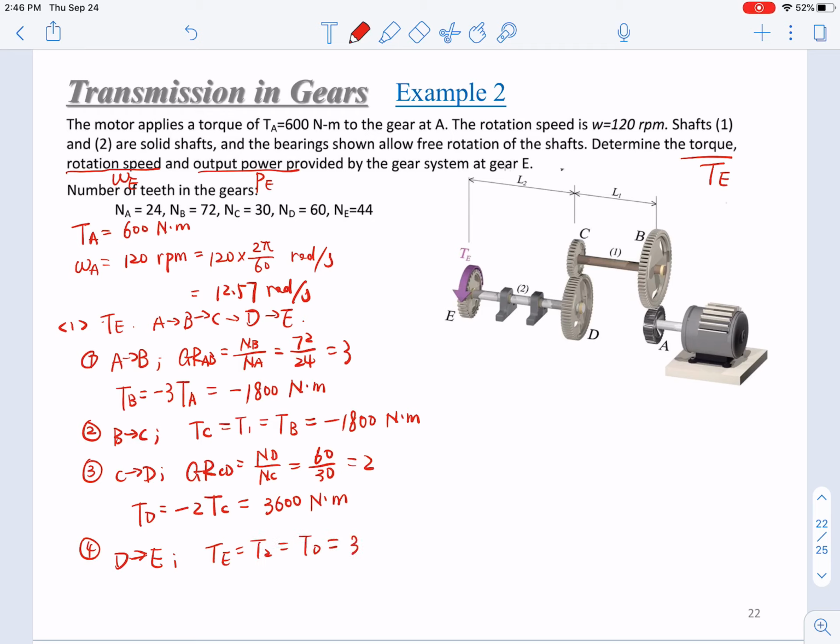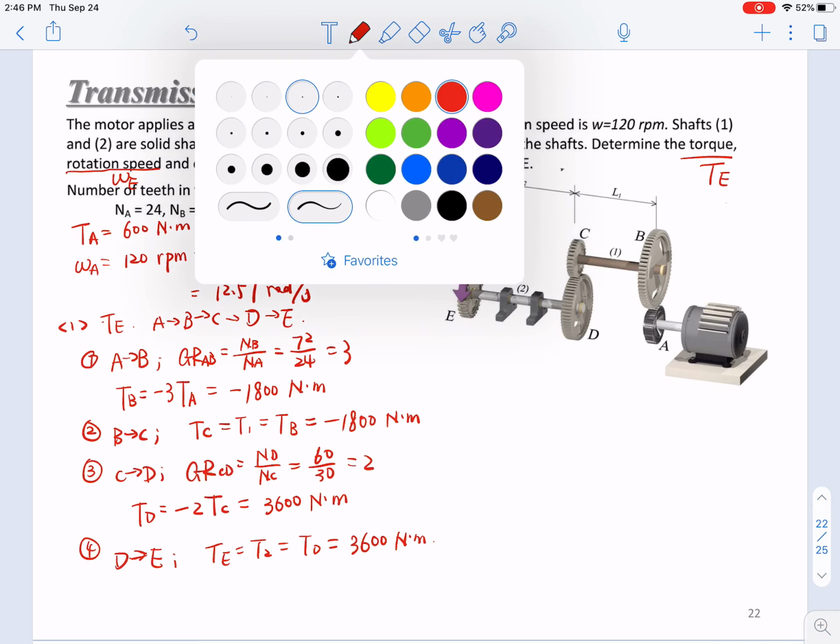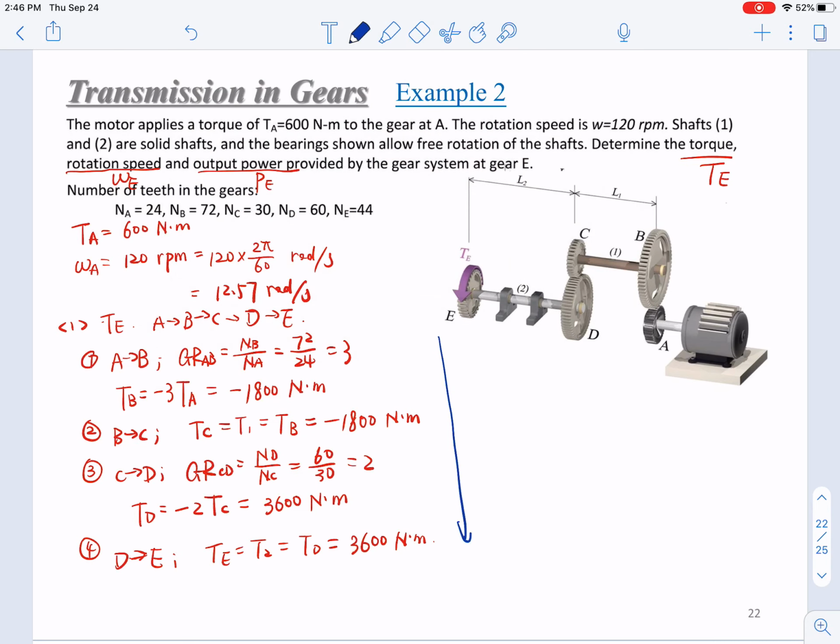That is 3,600 Newton meter. Okay, so you can see that from A to E, the torque is enlarged by 6 times.